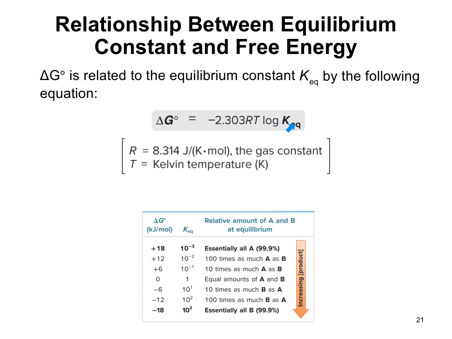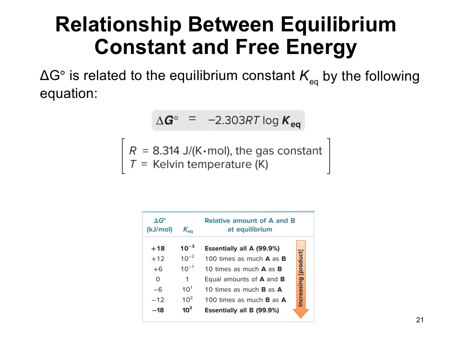If KEQ is less than 1, then that means the log of KEQ is negative, and that's what makes delta G positive, and that's where we see energies absorbed and equilibrium favors the reactants. So this is how delta G and KEQ are related and why their signs are inverse. So when, for example, the log of KEQ is positive, delta G is negative. And then when the log of KEQ is negative, delta G is positive.